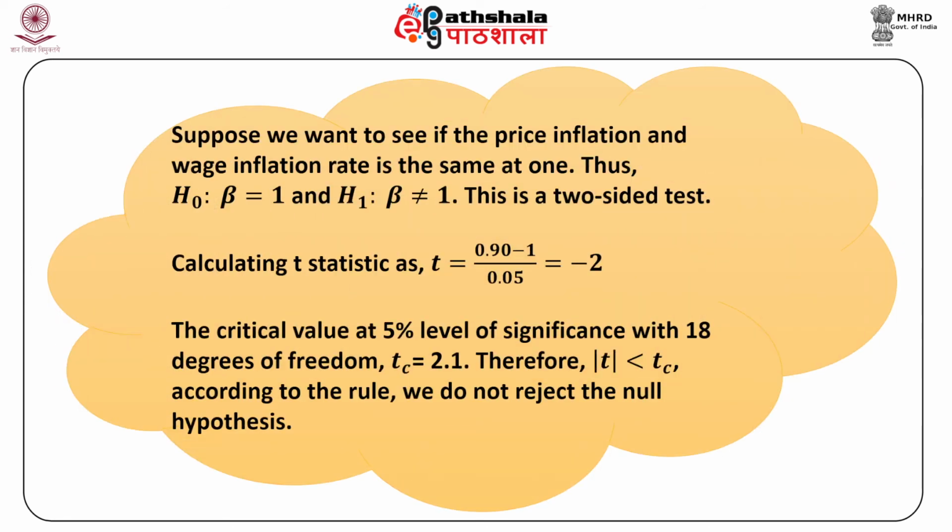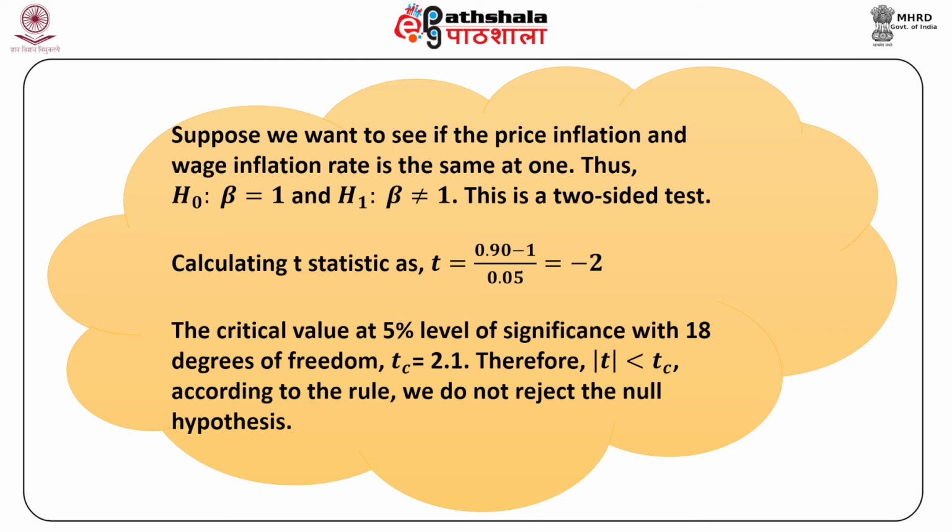Suppose we want to see if the price inflation and wage inflation rate is the same at 1. Thus we set the hypothesis as H0: beta equal to 1 and H1: beta is not equal to 1. This clearly is a two-sided test.